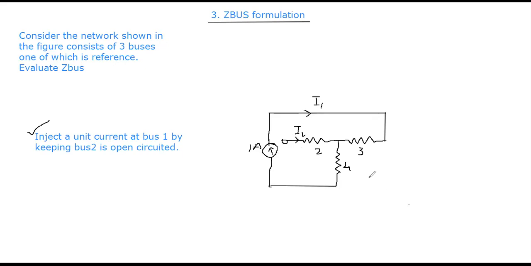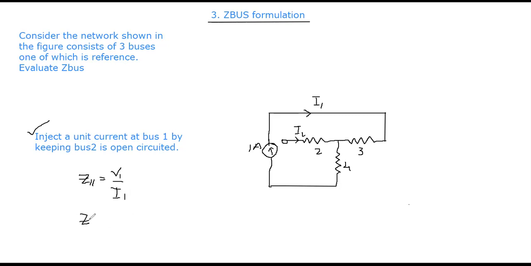How many parameters are we going to have? By using this, what is Z11? Z11 is V1 by I1. So Z11 can be obtained by considering V1 by I1.